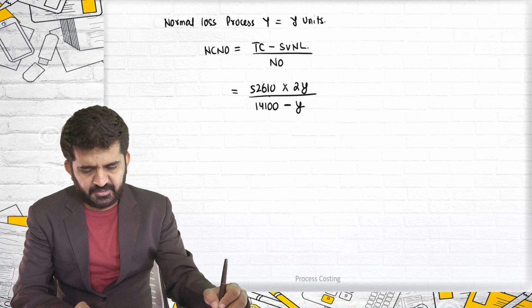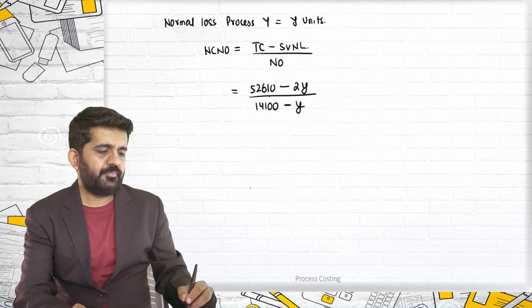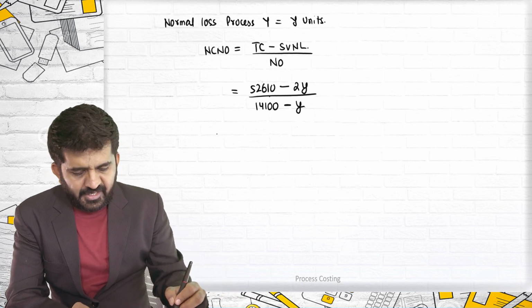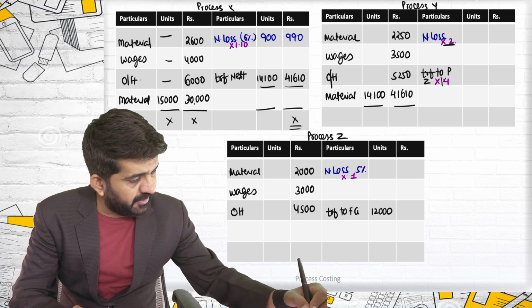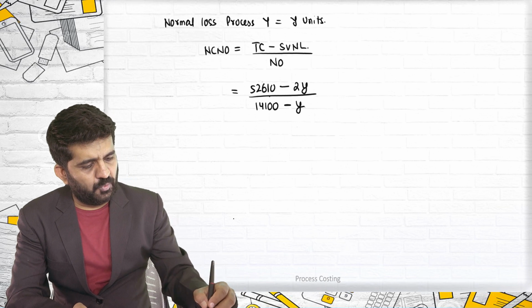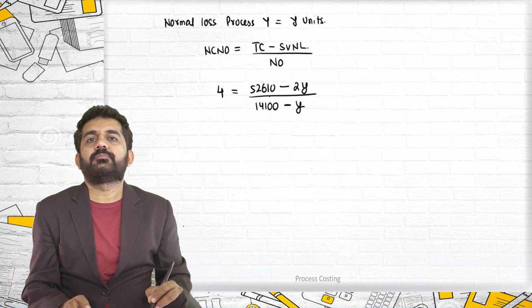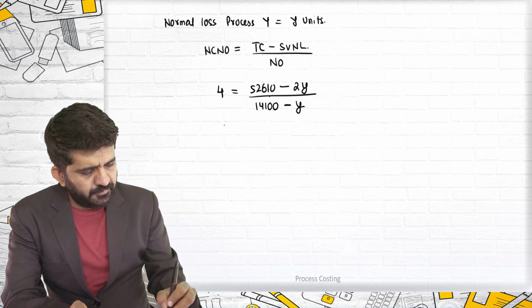And NCNO is given. It is transferred at 4 rupees. So NCNO will be 4.